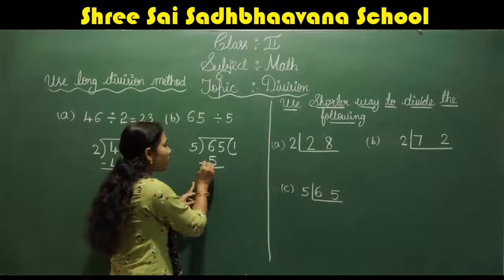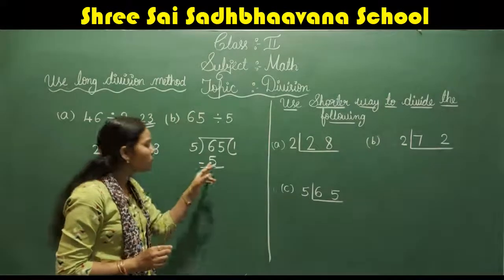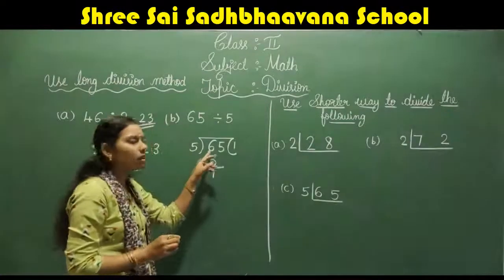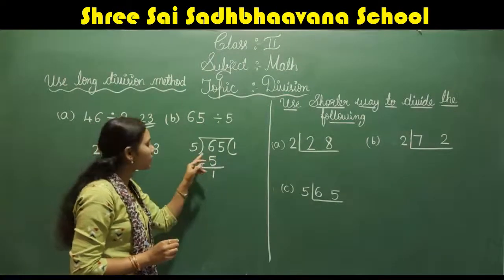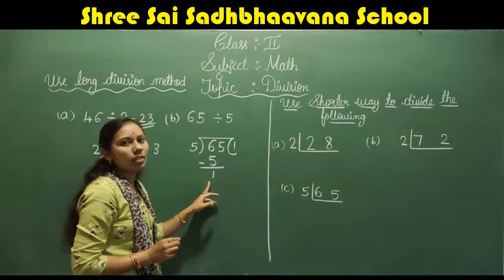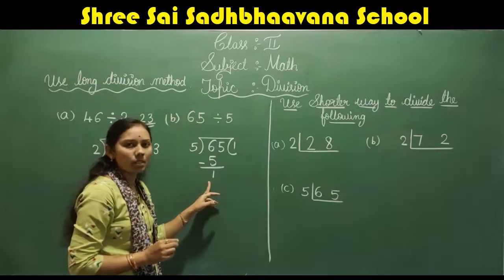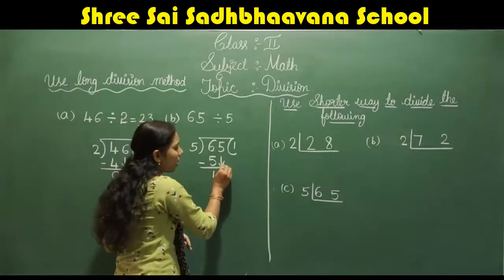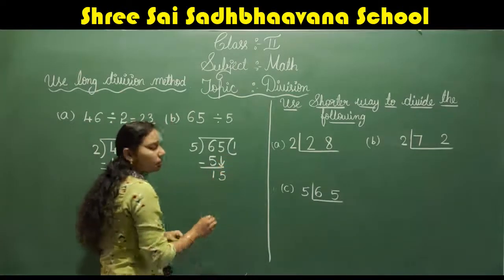That is 6 minus 5. What remainder are you getting? 1. Got it children? In the next step, we are going to bring down this 5.